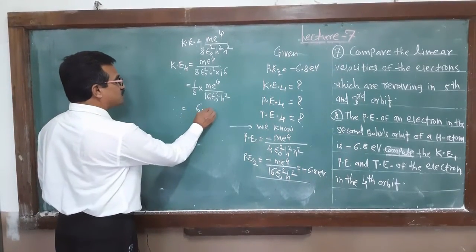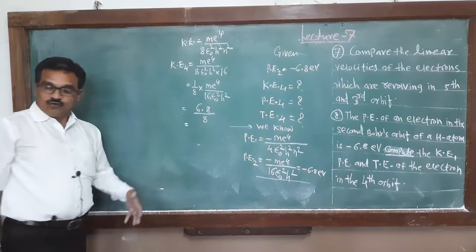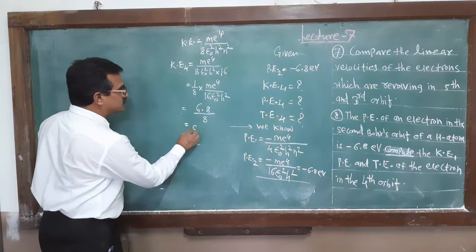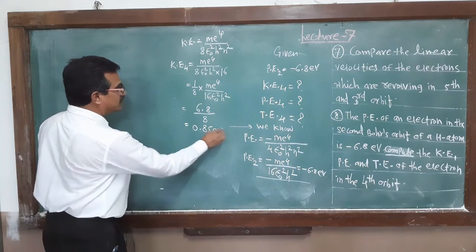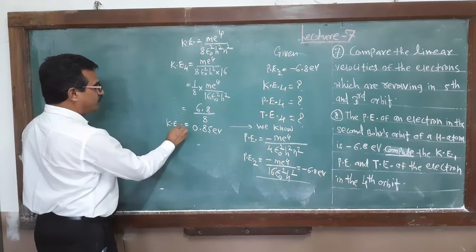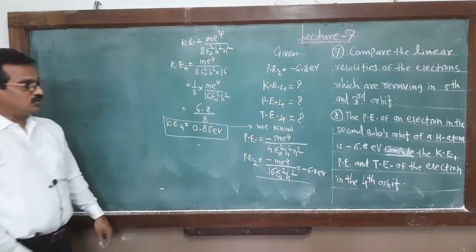It means 6.8 divided by 8. And how will you find this? 6.8 divided by 8 is 0.85 electron volt. This is the value of the kinetic energy in the fourth orbit.